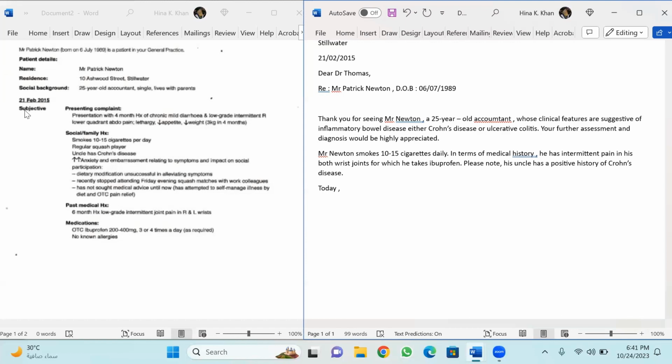If there is no date over here, then you will assume the patient is coming to you for the first time. If 21st February 2015 has been mentioned, and they also say to assume today's date is this, then you will say, okay fine.